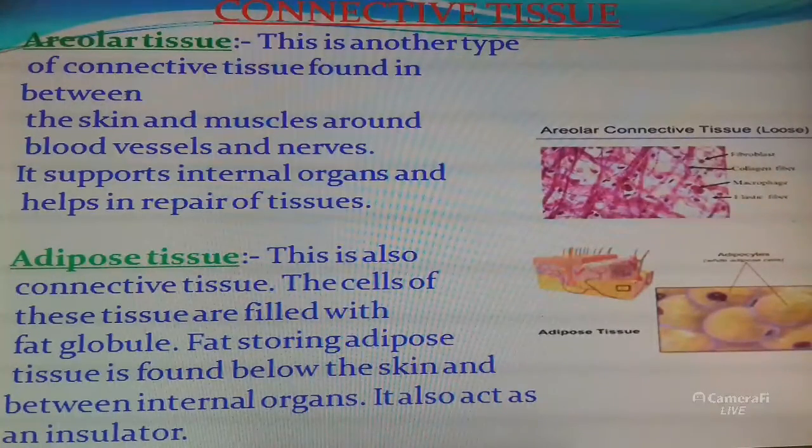In blood, the plasma has more protein, calcium and phosphorus, but in lymph, the plasma has less protein, calcium and phosphorus. But both are fluid connective tissue.